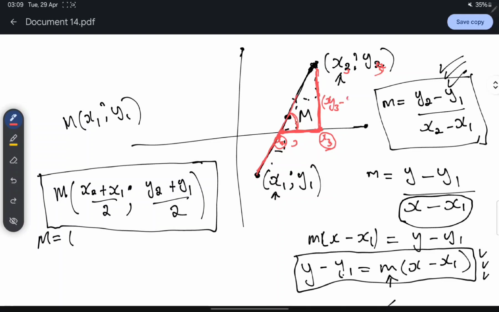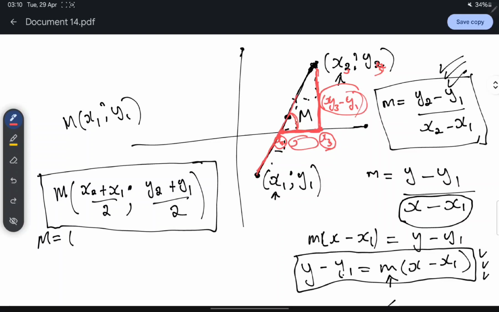So this distance is y3 minus y4, or minus y. It's y3 minus 0, by the way, because it's at the origin, unless it is in another point. But you can see that this is the change in y, this is the change in x.